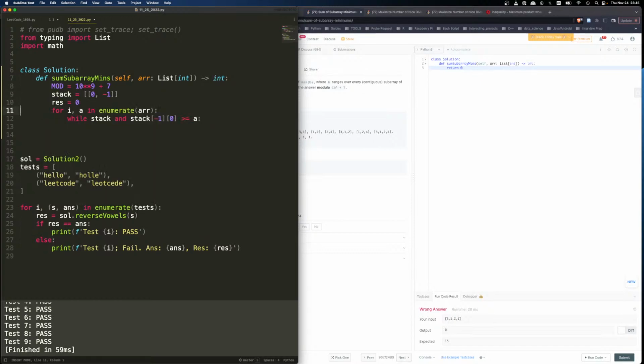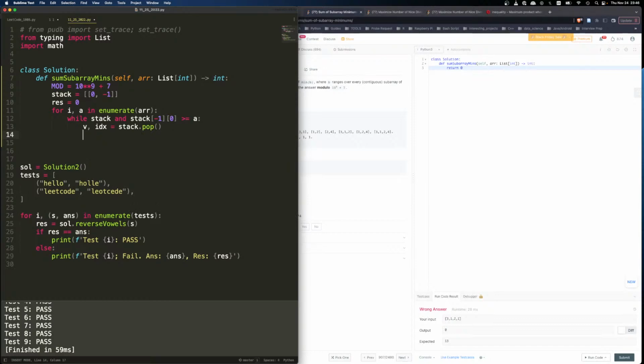When you pop it, we're gonna have a result. Okay, result equals 0. How do we pop it? We're gonna pop the index. No, v, index equals stack.pop. Okay, and then we say result plus equal to index minus stack[-1][1], that's the left side, times the right side, which is i minus index, and then times v.